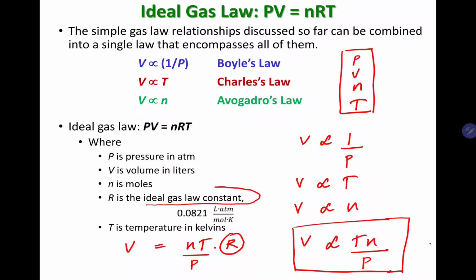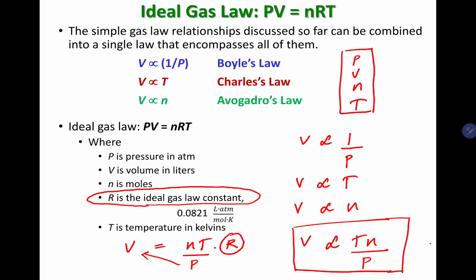So this is your ideal gas law: V equals N times T times R divided by P. Of course, you can rearrange this equation by taking P to the other side.